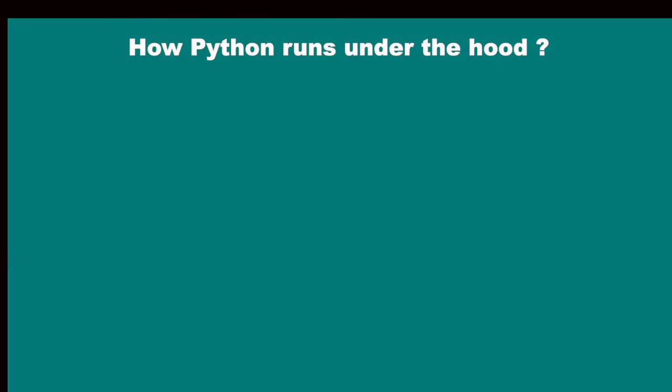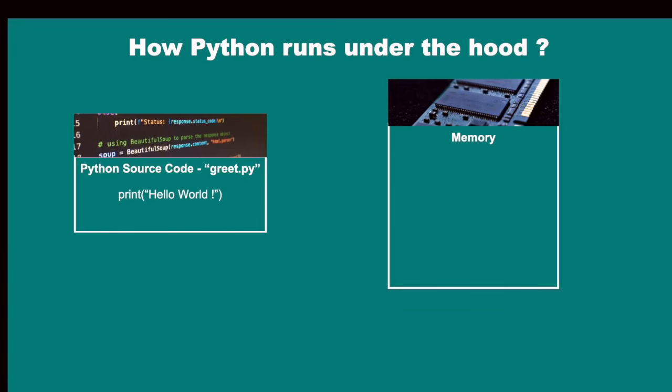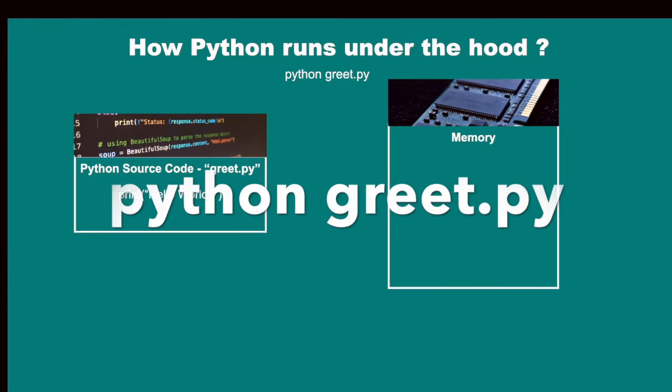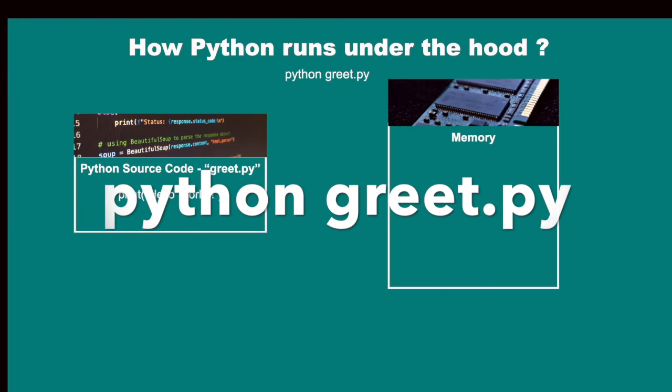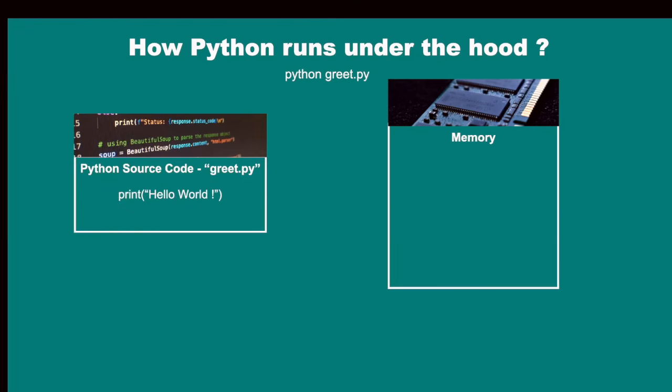So we have the Python source code file grid.py, which has a simple print statement like print hello world. So now we have source code and we have memory. Now when we run the Python code, we run a command like python grid.py. When we execute in an IDE also, it executes the same way in the backend.